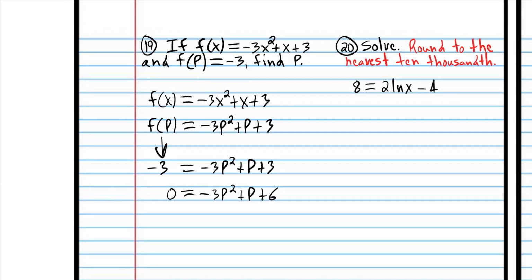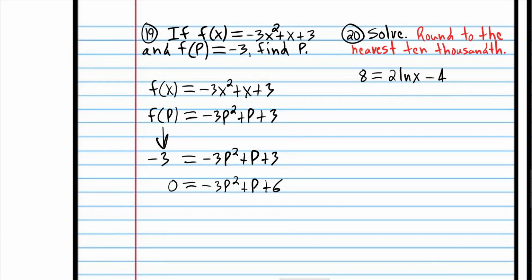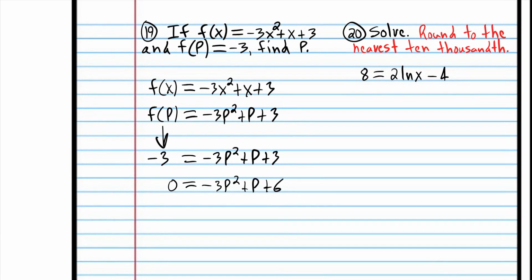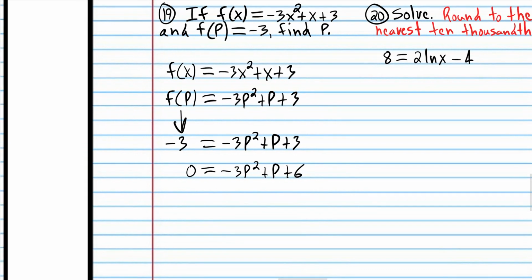It doesn't really matter. In this particular case, normally you want the P squared term to be positive if you're factoring, but we're not going to factor. If you try to factor, you're going to find that this is not really easily factored.